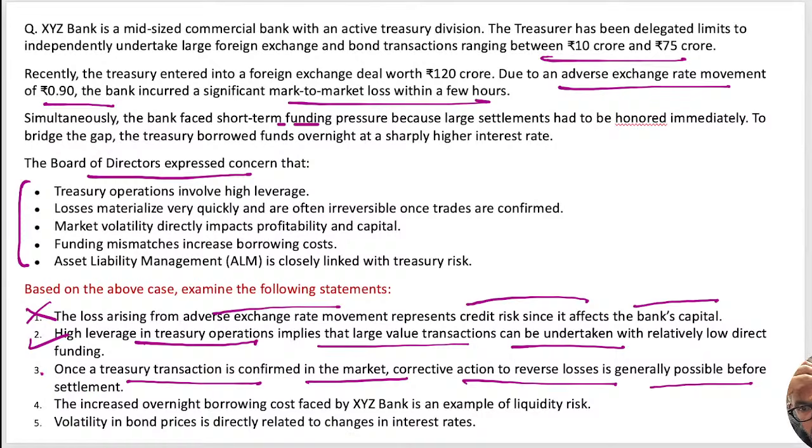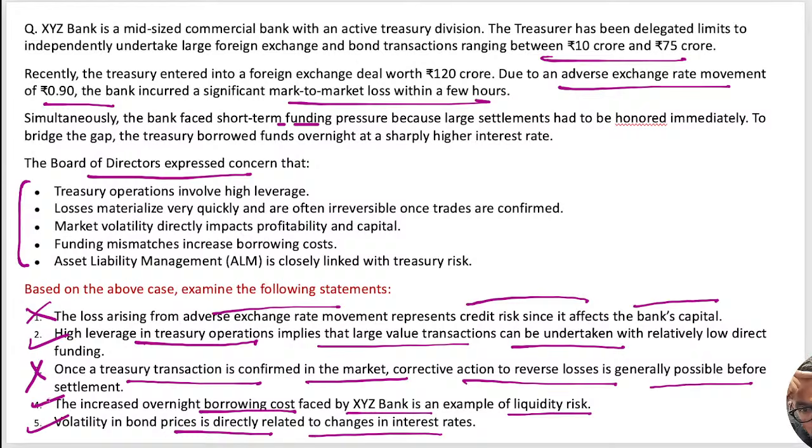This should not be right, because if you have entered into, let's say, some swap agreements, it is binding at all times. Fourth one: the increase in overnight borrowing cost faced by XYZ is an example of liquidity risk, right? The next one: volatility in bond prices is directly related to change in interest rate.